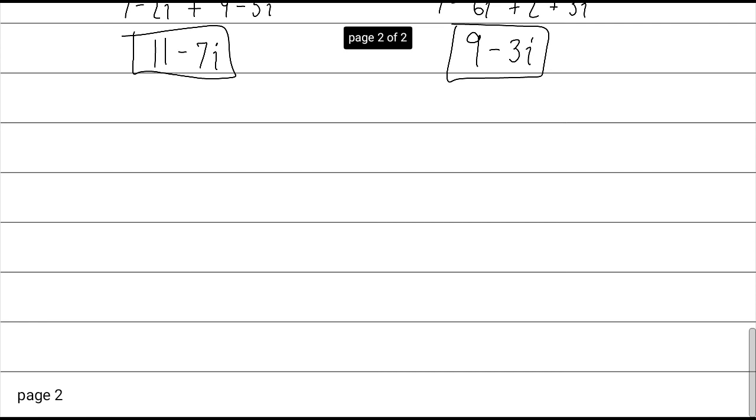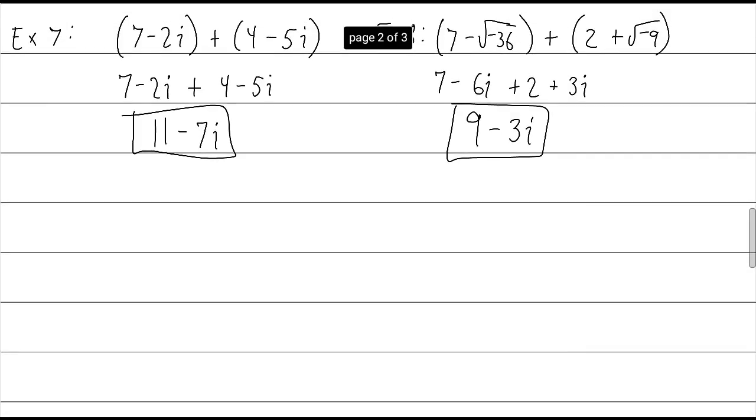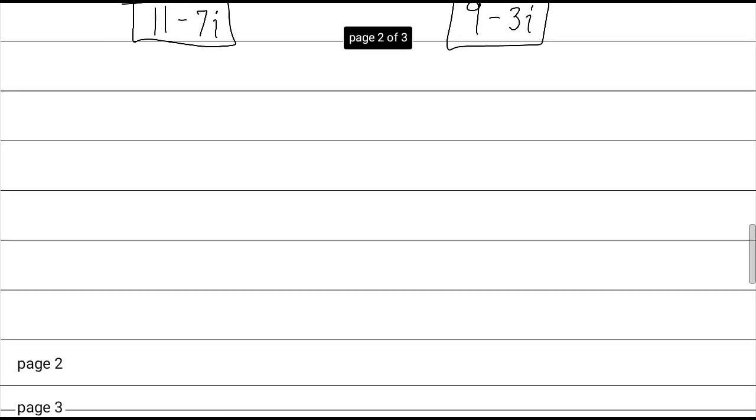Let's do example 9. I'm going too far down. Example 9. Negative 7 plus 12i minus, be careful there, minus 3 minus 6i. That minus sign is outside of these parentheses, so I think about that as a negative 1 that gets distributed.